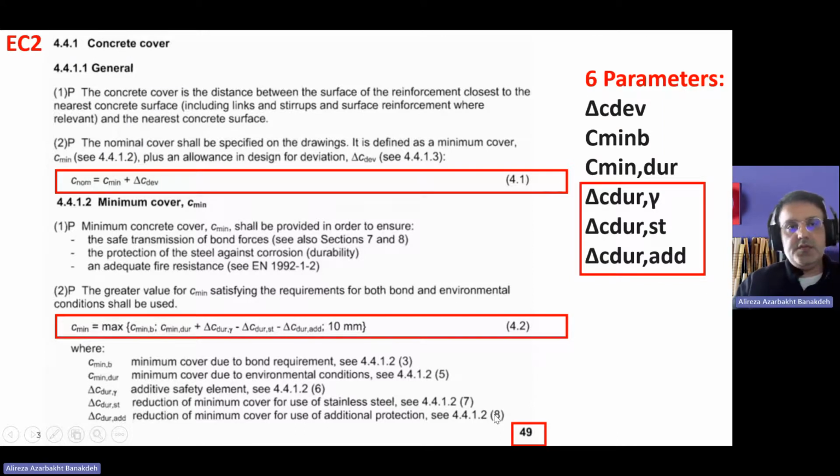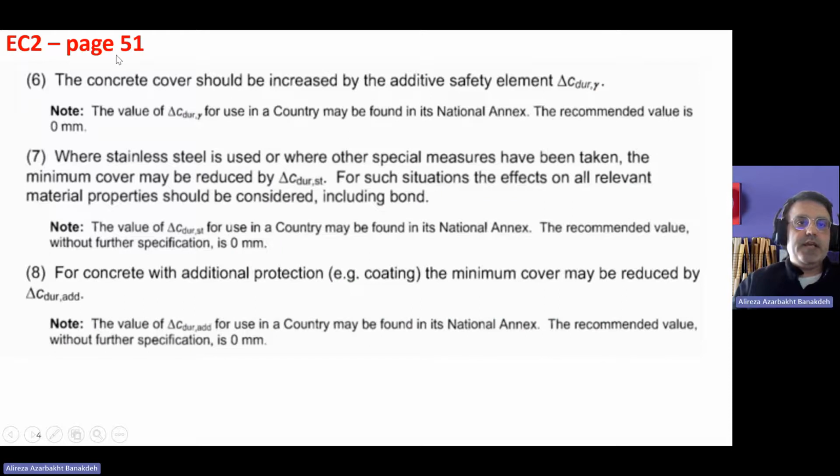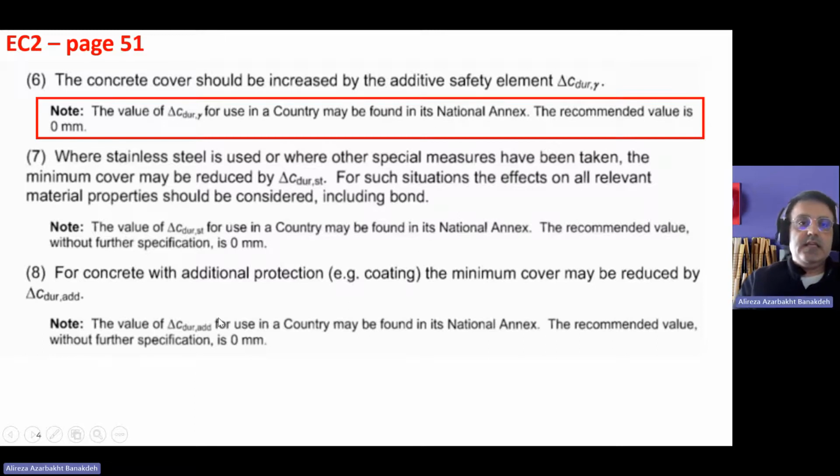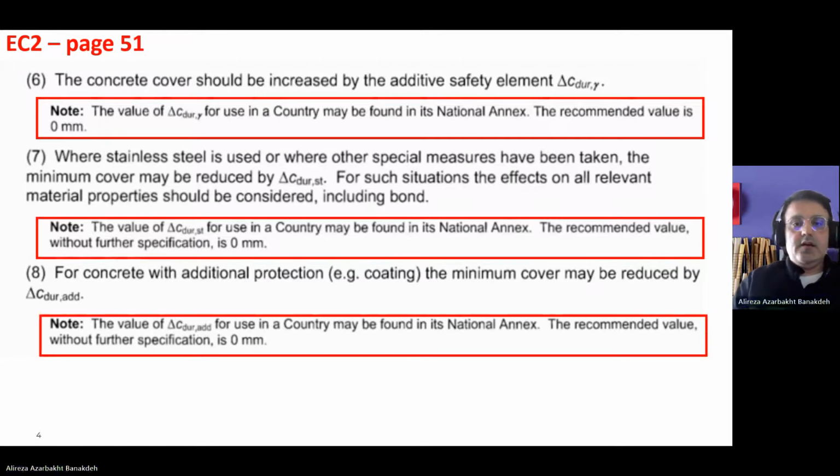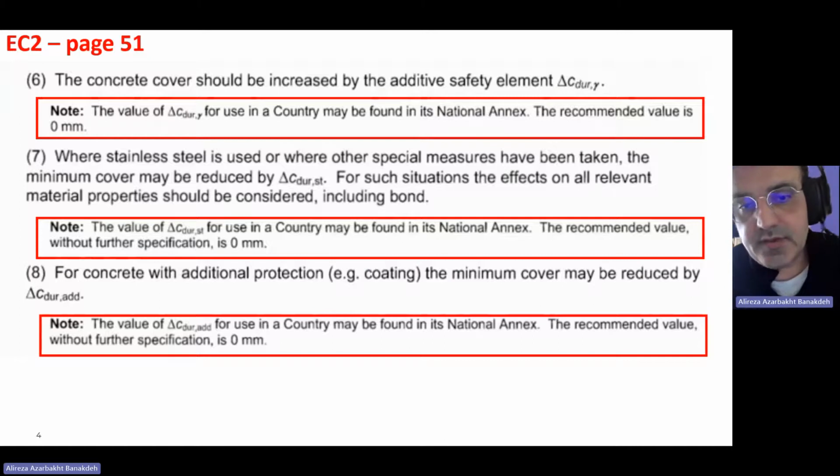So you just need to go to Eurocode. We are here at section 4.4.1.1. So section 4.4.1.2 should be on the next page. And you go there on page 51, Eurocode 2. These are subsections 6, 7, and 8. And you will see that these three deltas are recommended to be 0.